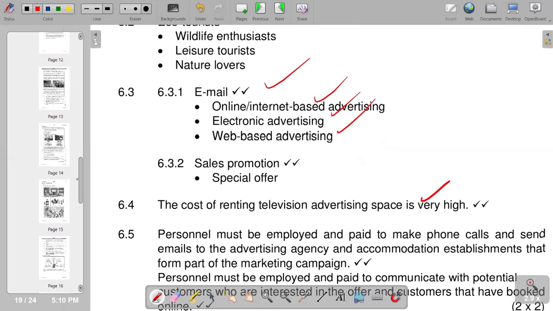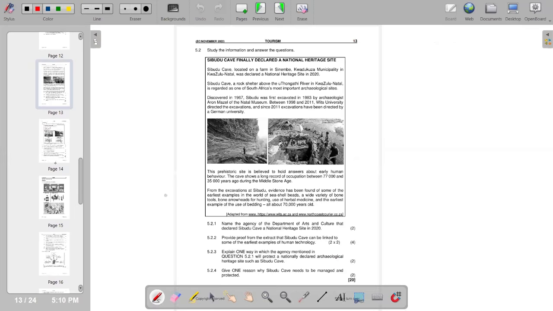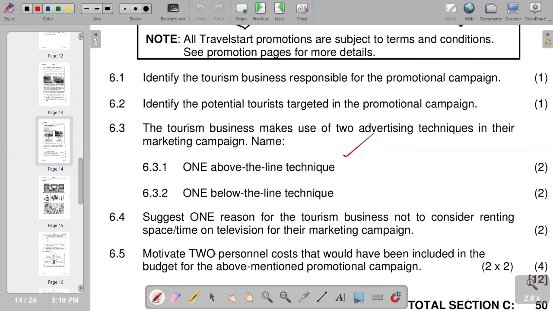So we move on to the next question that we have, which is question 6.5. Motivate two personnel costs that would have been included in the budget for the above-mentioned promotional campaign.